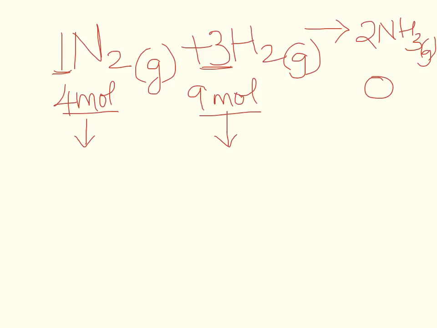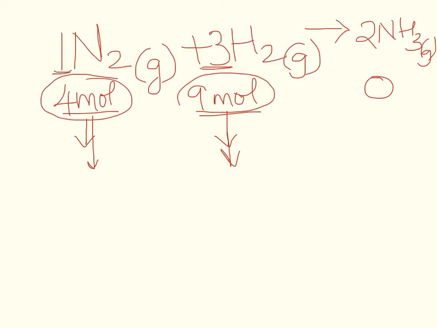So let's think of it from another perspective. If there are 9 moles of hydrogen present, how much nitrogen would you use for that? You would use 3 moles of nitrogen, right?